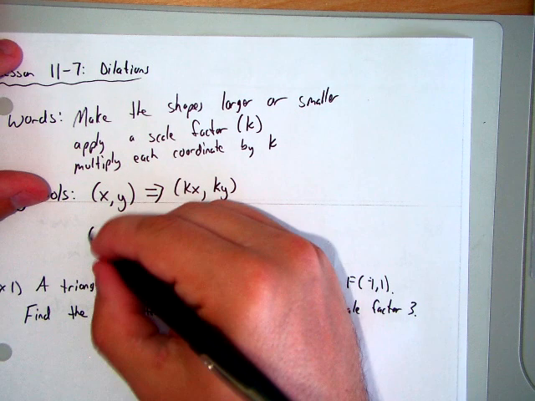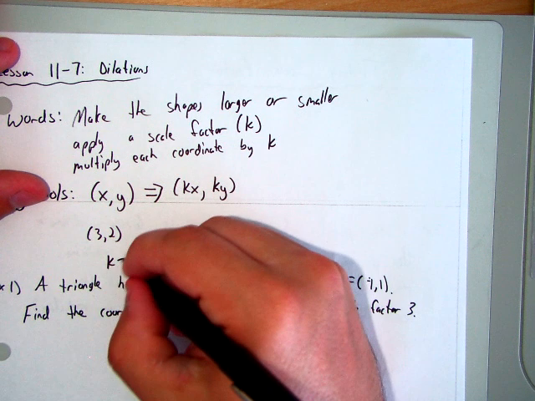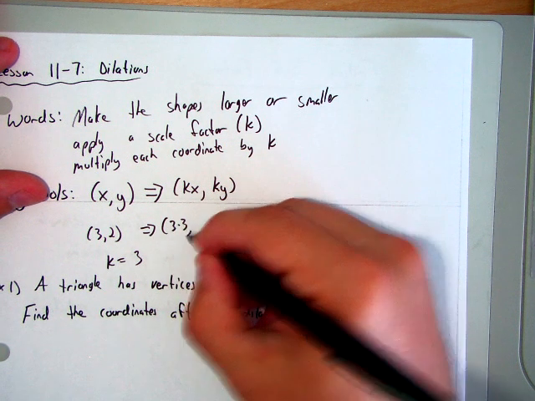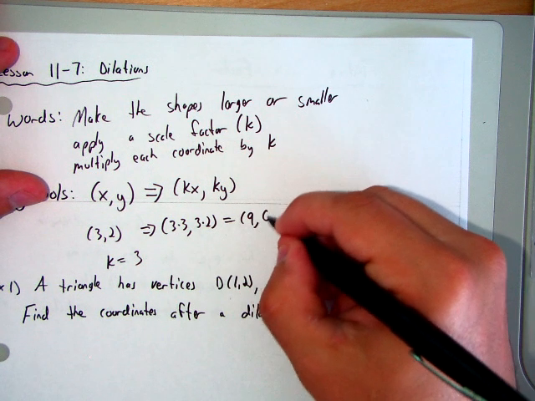So for example, if we had an ordered pair of 3, 2, and we applied a scale factor of 3, it would become 3 times 3 and 3 times 2 to now become 9 and 6.